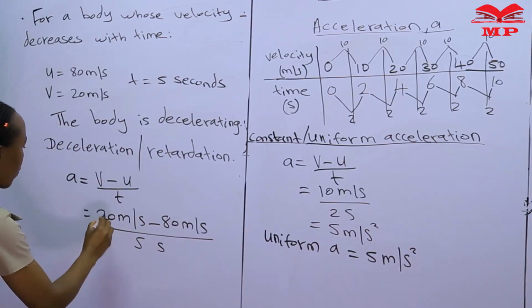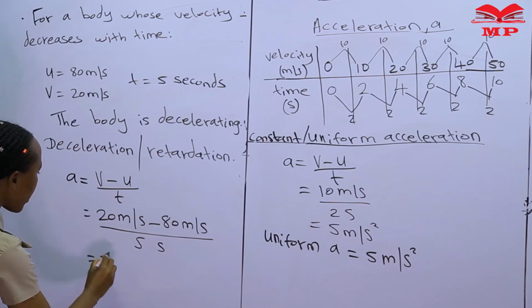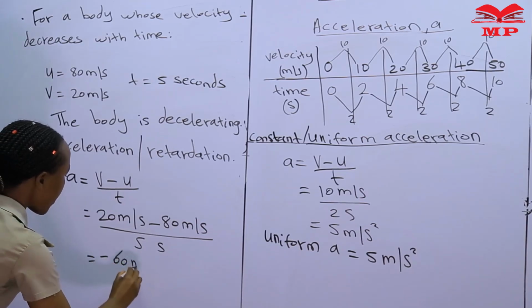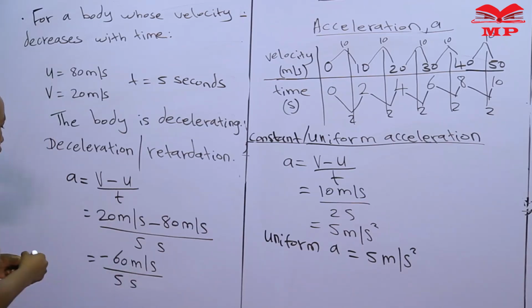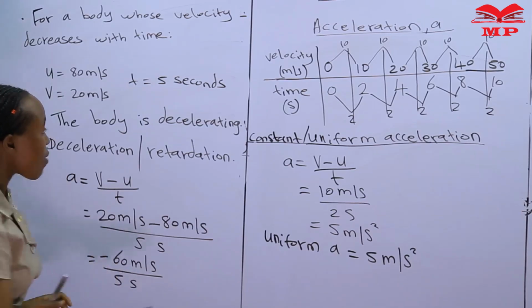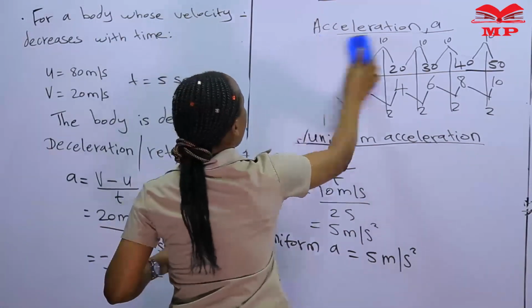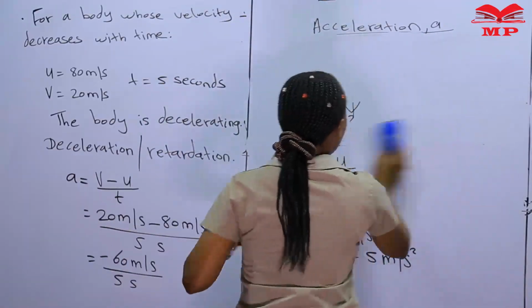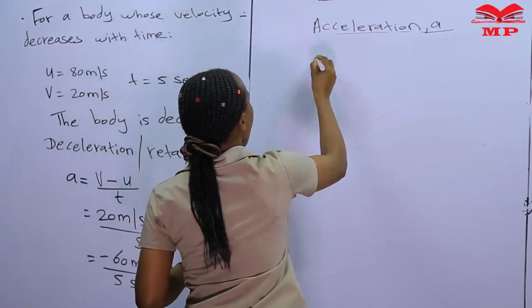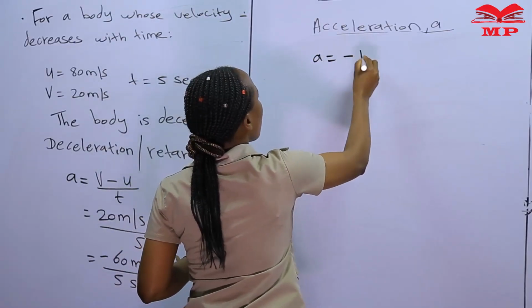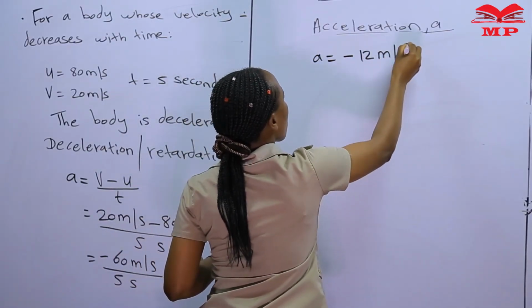So we have 20 minus 80, which is negative 60 meters per second. We divide by 5 seconds, and you can see we have a negative there. Negative 60 divided by 5, we get our acceleration to be negative 12 meters per square second.